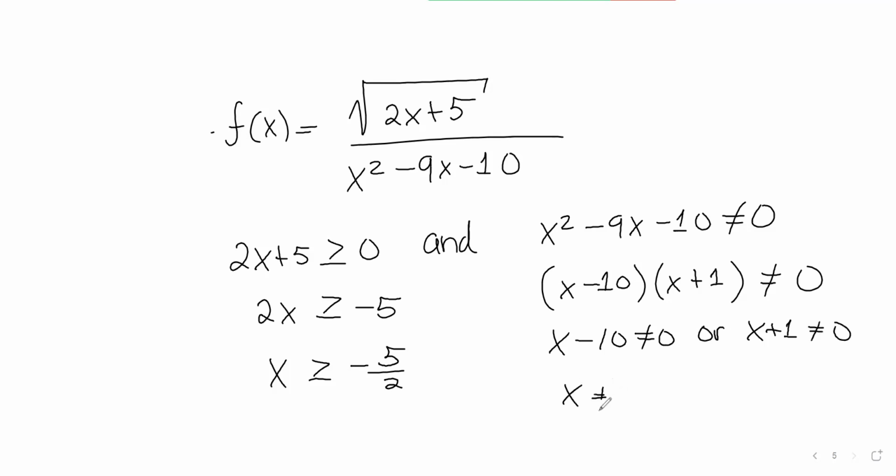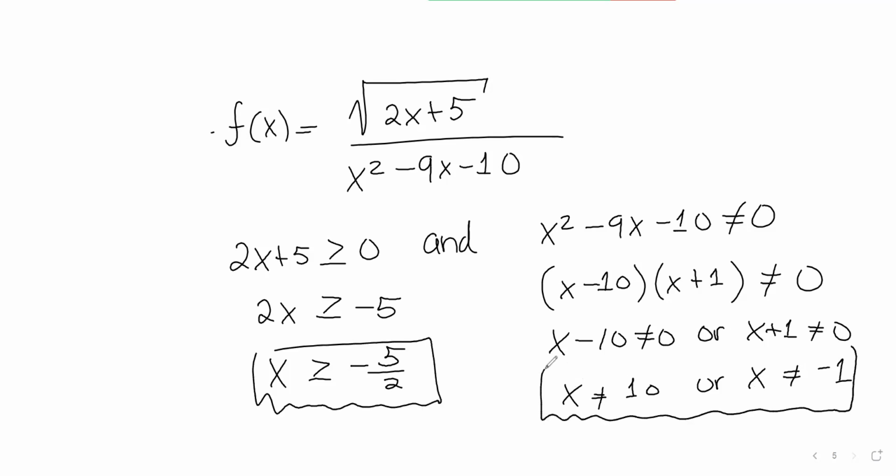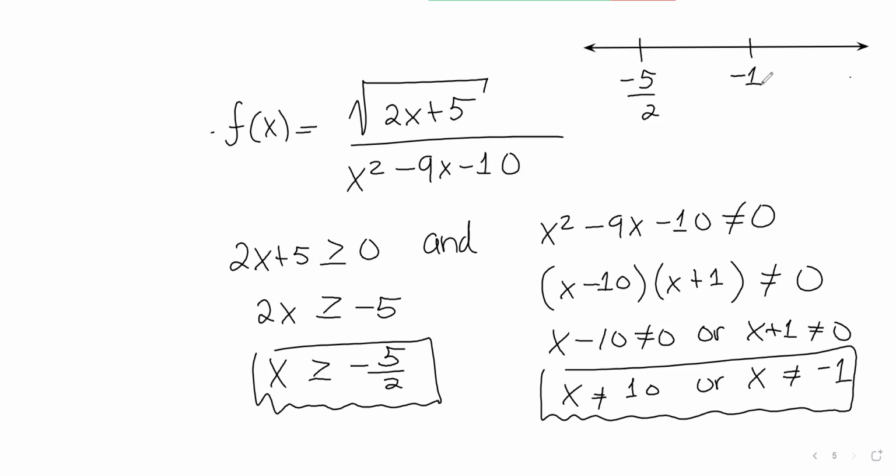So x would be not equal to 10, or x is not equal to negative 1. So we graph these restrictions on the number line. So we have a negative 5/2, a negative 1, and a 10.